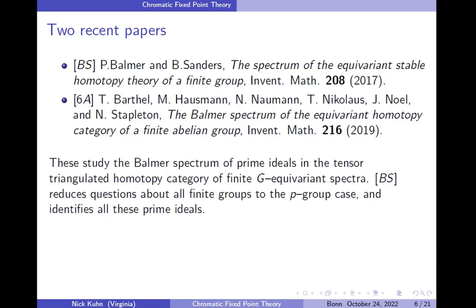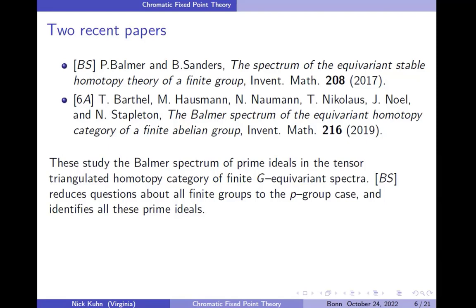So in this first paper, they figure out what these ideals are. They also do all the work to reduce questions down to the P group case. So you can just forget about non-P groups, because if you can answer the P group situation, it's just group theory after that to answer any questions you might have about composite order groups.